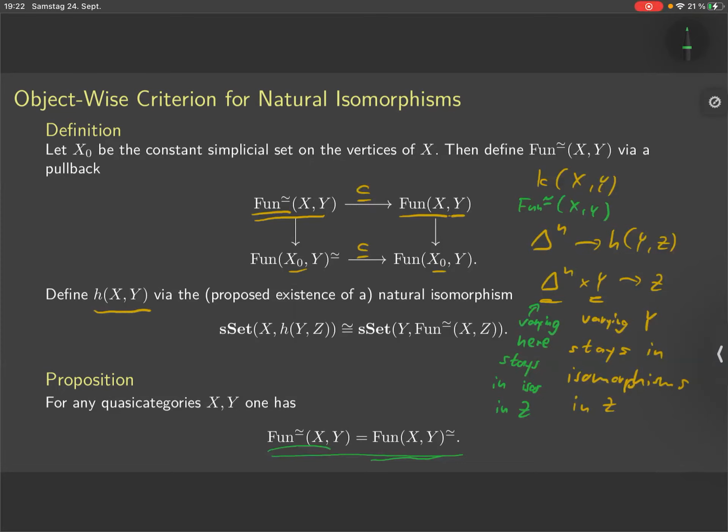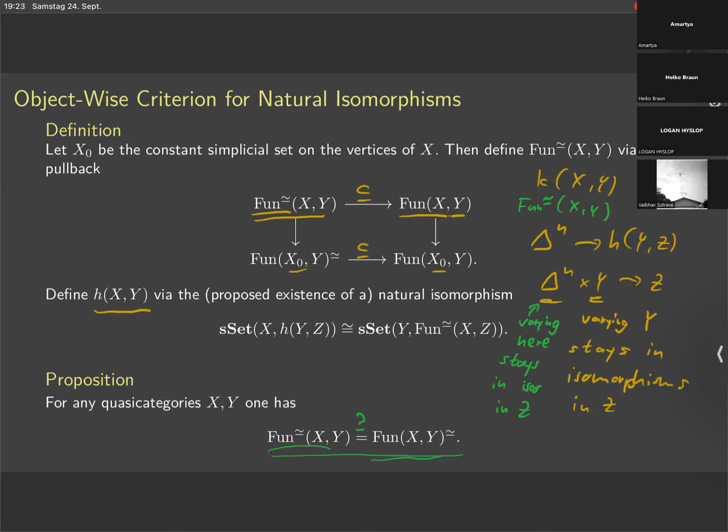One inclusion is obvious, namely this one. Whenever we have some invertible transformation, we can always evaluate, and then it will stay invertible. But the other one is interesting, and we prove it by proving that this is a Kan complex.